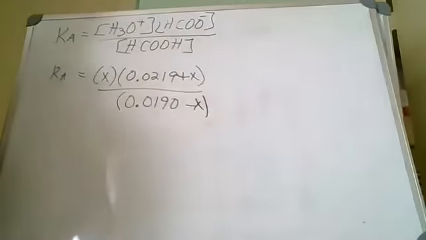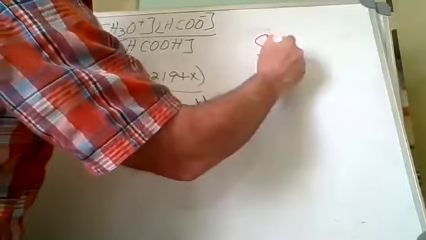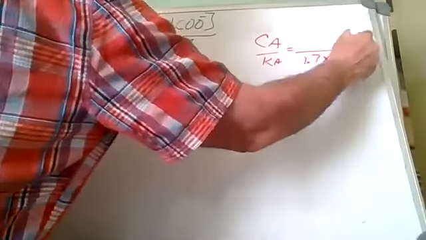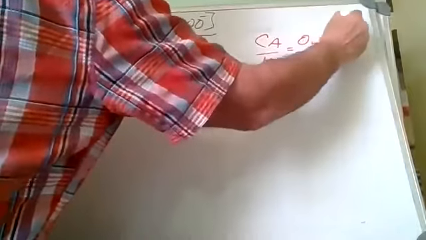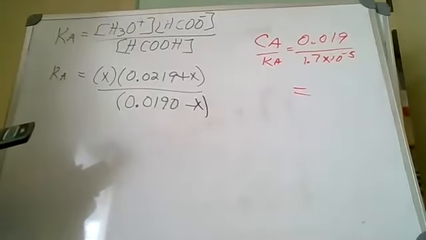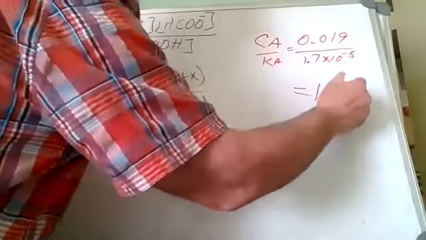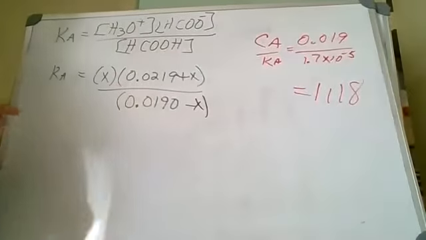So Ca over Ka equals 0.019 over 1.7 times 10 to the negative fifth. That's going to be way bigger than 100. So let's calculate it out. 0.019 divided by 1.7 times 10 to the negative fifth. So that's over 1,000, 1118. All right, so we're justified in dropping the plus X and the minus X here.